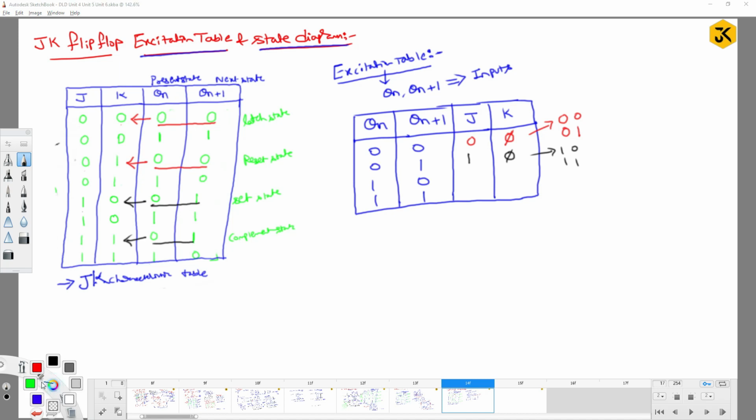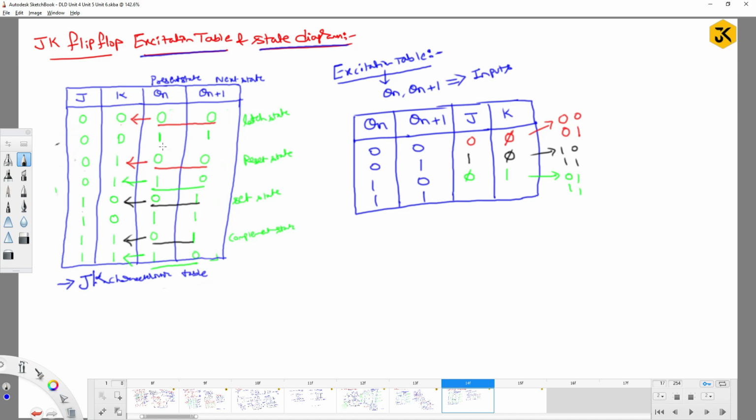Similarly, if we take 1 0 as Qn and Qn+1, here also we have two possibilities: one is 0 1, another one is 1 1. So can I write it as don't care, 1? Yes, I can write 0 1 or 1 1, right? Similarly, I have one more possibility, 1 1.